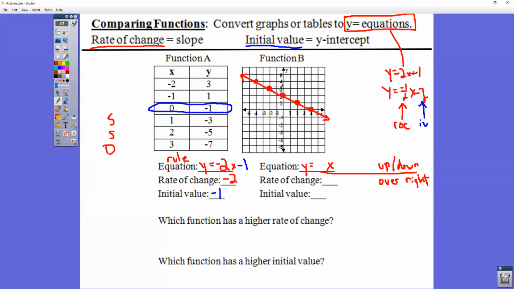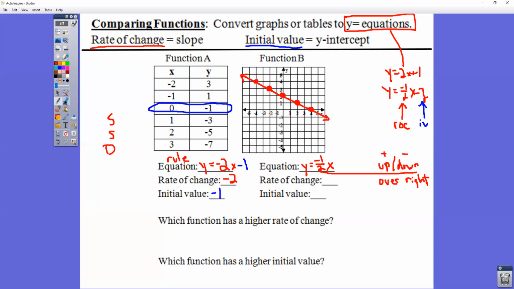So going from left to right, just like you read a sentence, going from dot to dot, we're going down 1 over 2, down 1 over 2, down 1 over 2. So our slope or our rate of change is -1/2. Negative because we're going down. Positive would be going up.